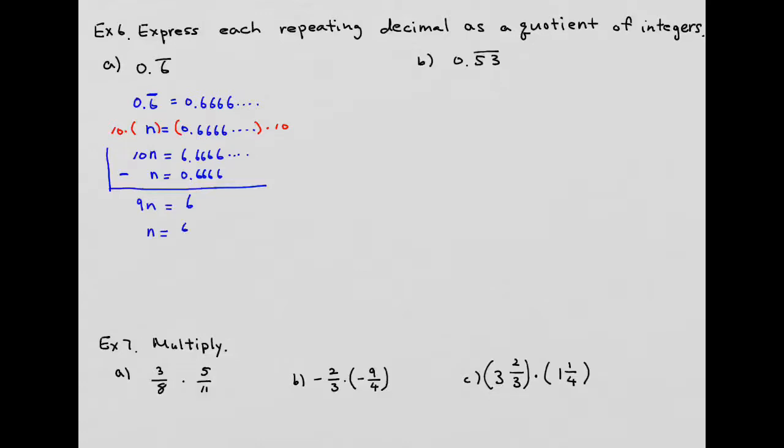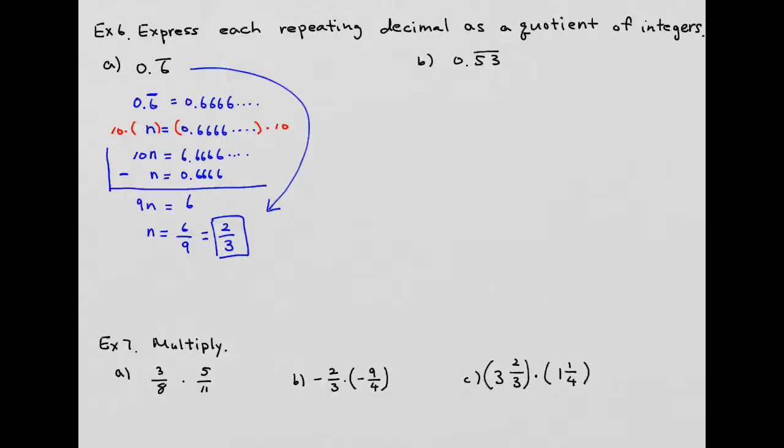So it will be 6 over 9. When you reduce this, it will be 2/3. So this 2/3 is going to be the fraction form of 0.6 repeating. It's not hard, you just need to remember the steps, right? So let's try one more time.